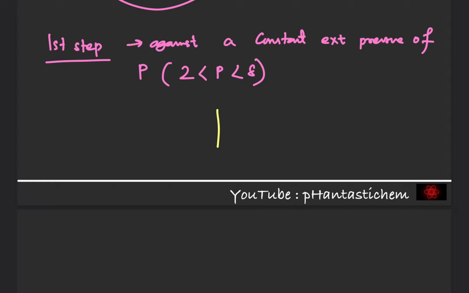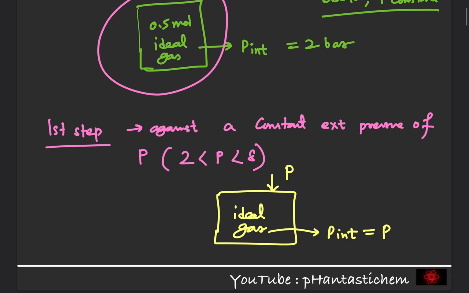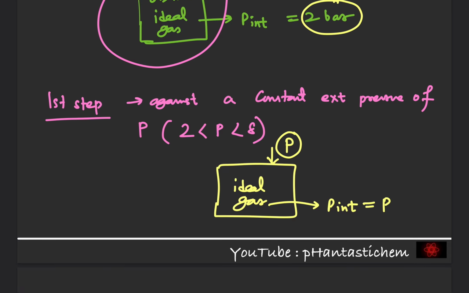So now what we are doing is in the original ideal gas, we are applying constant pressure P. So we keep applying this till the internal pressure becomes P. Okay. Initially the internal pressure was 2 bar, then we apply external pressure P till the internal pressure becomes P from 2 bar.